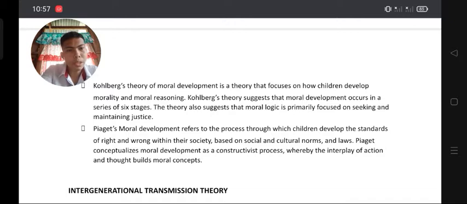Piaget's moral development refers to the process through which children develop the standards of right or wrong within their society, based on social and cultural norms and laws. Piaget conceptualized moral development as a constructivist process whereby the interplay of action and thought builds moral concepts.